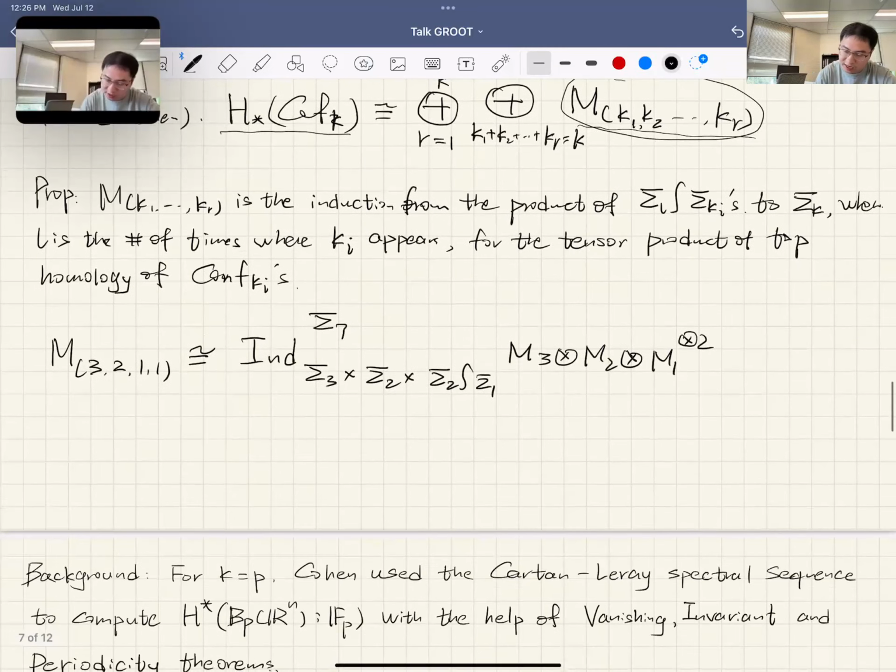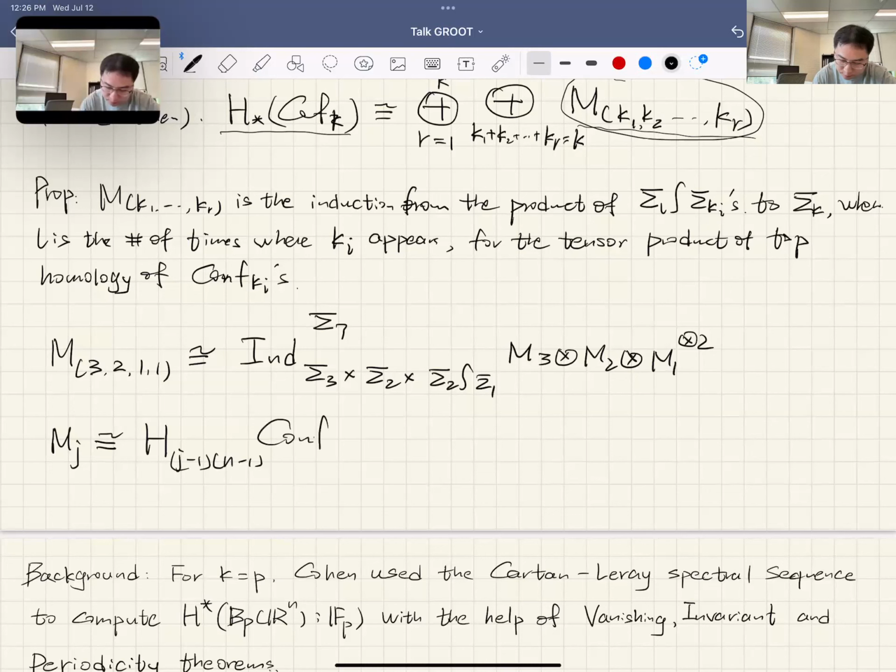So what are M3, M2? M3 and M2 are the top homology of the configuration space of 3 and 2 points.